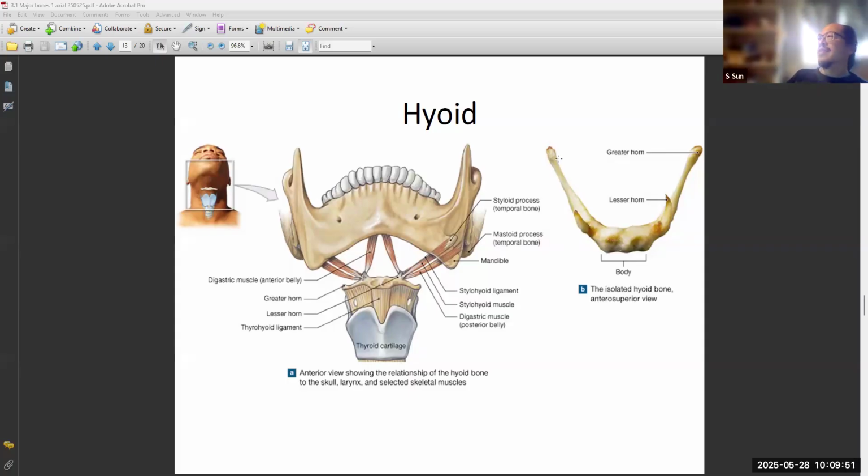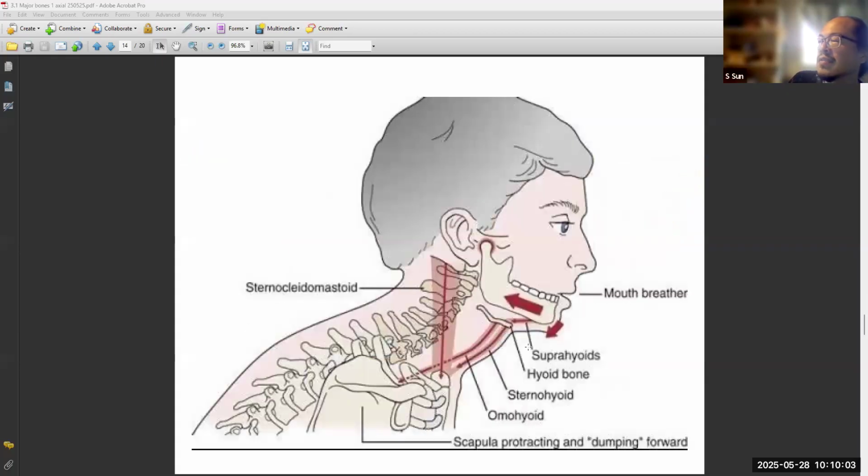The hyoid is like a U shape again. Yes, the body and the two horns, lesser horn, greater horn. So this just shows you the side view of it, gives you the idea where it is. It's right underneath our mandible.